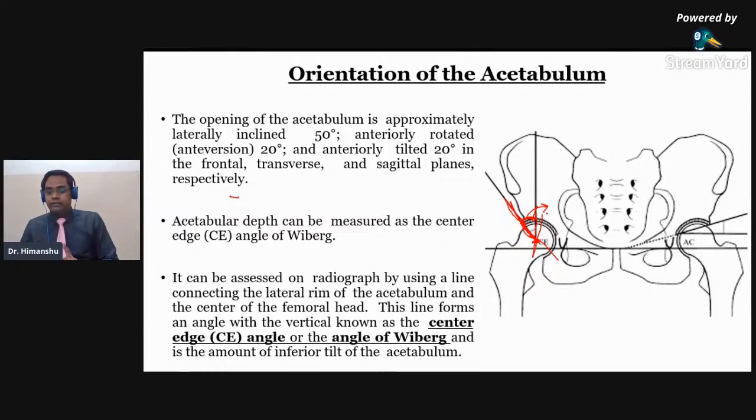We can see how efficiently the head of the femur can get articulated or fitted into the acetabular cavity. So this line forms an angle with the vertical known as the center edge angle or the angle of Weber, and it tells us the amount of inferior tilting of the acetabulum.